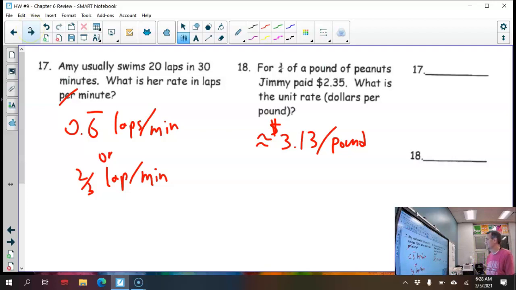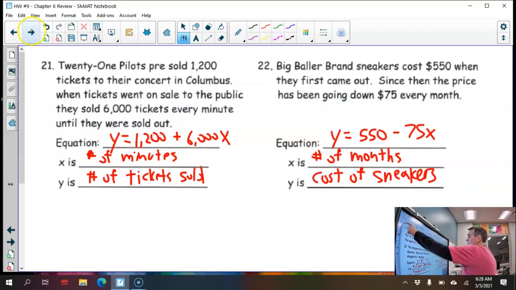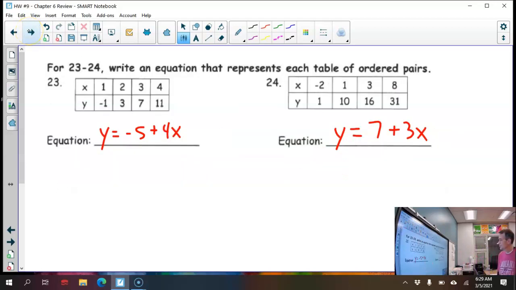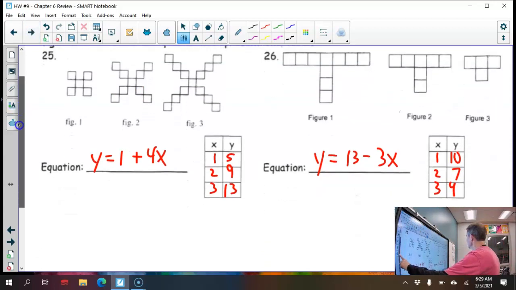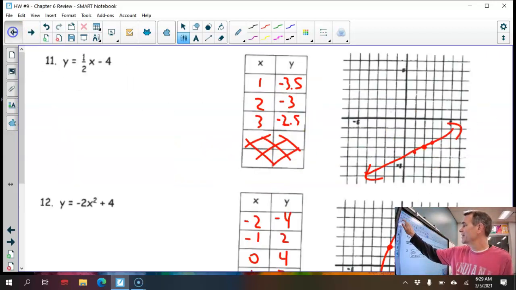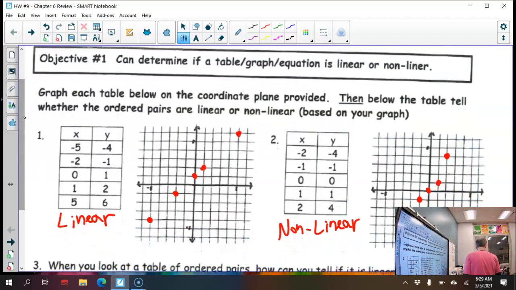And 17 and 18. 19 and 20, 21 and 22, 23 and 24, and finally the 2 tile patterns, 25 and 26, all right? So I'm going to go through them one by one. And I will go through them in blue.